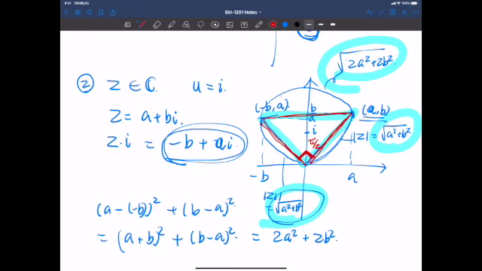So multiplying by i, the imaginary unit, rotates this complex number by the right angle. And by the way, as you have seen, these lengths are the same. So multiplication by i doesn't change the modulus, the length of the complex numbers.